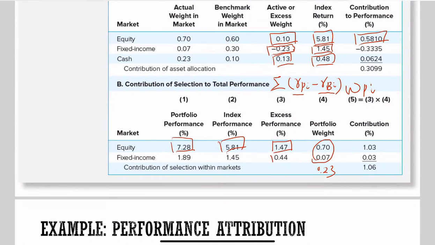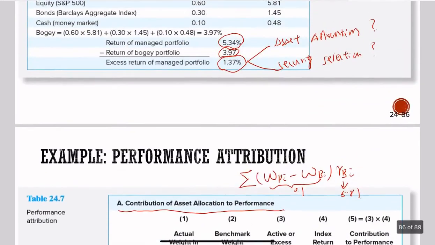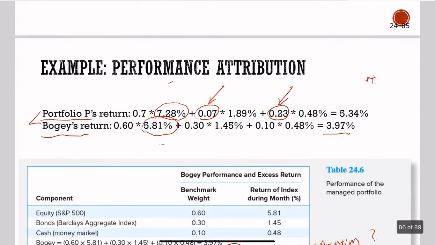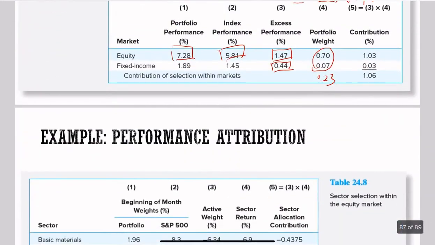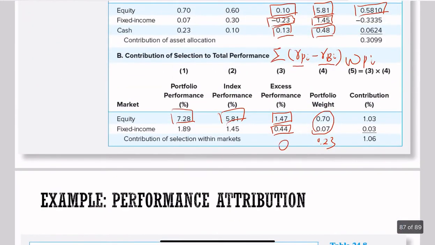The return difference for fixed income is 0.44. What about the return difference for the money market? Well, they're the same, right? So the return difference here is just 0. And then again, we'll do the multiplication here: 1.47 times 0.7 gives us 1.03, right? And then we will sum up these two numbers, which gives us 1.06.